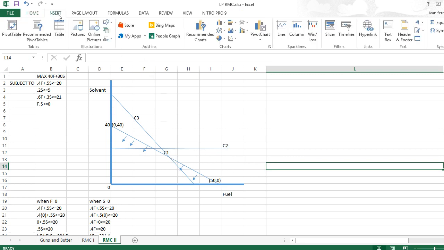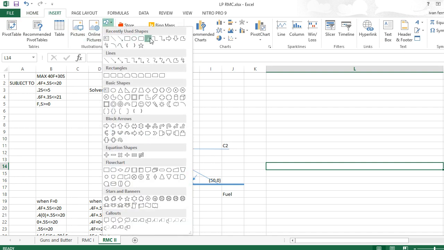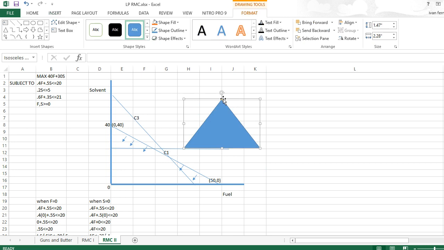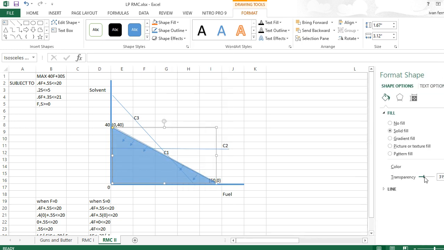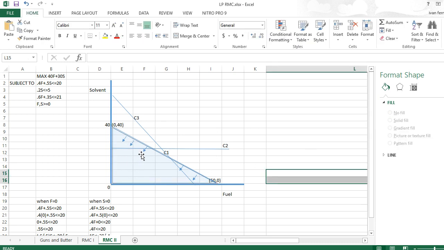So I'm going to build a shade for that area. Not bad.